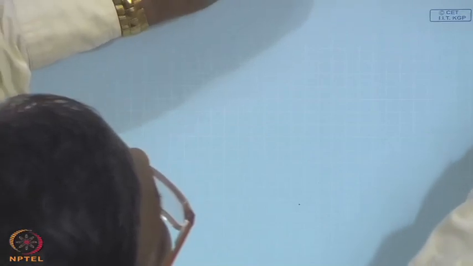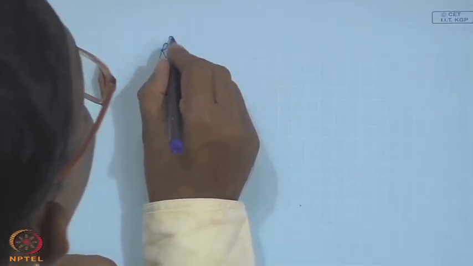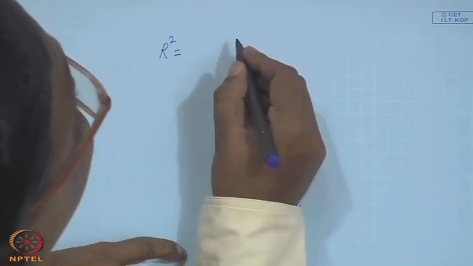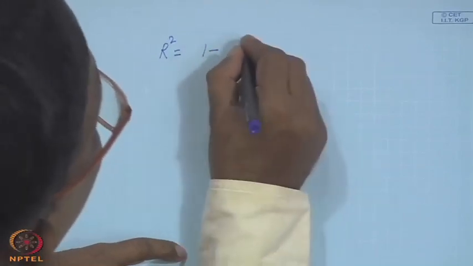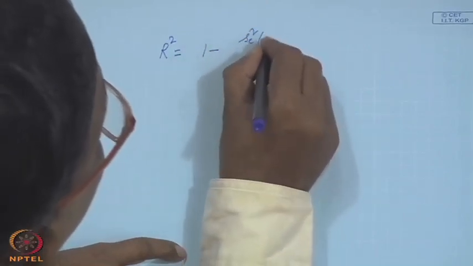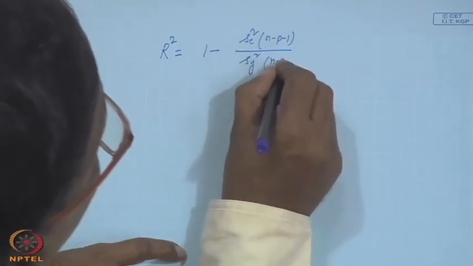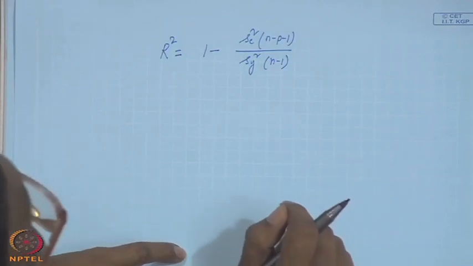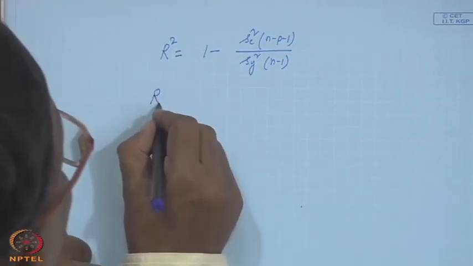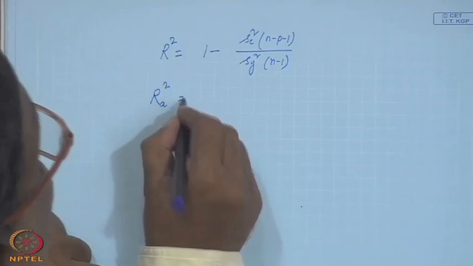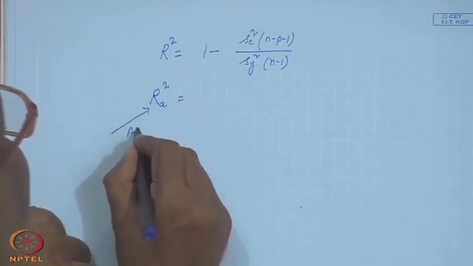So, in order to avoid that dependency on n and p, what will happen if we modify R square in this manner? We have written R square equal to 1 minus s square into n minus p minus 1 by s y square into n minus 1. Let us create one more statistic, R a square, which is known as adjusted R square.